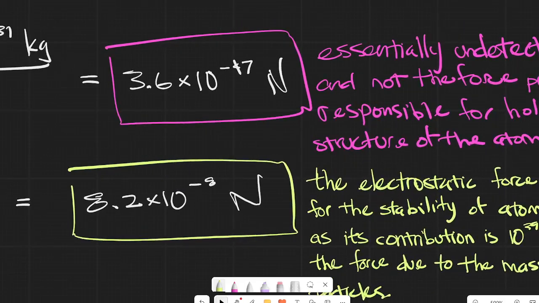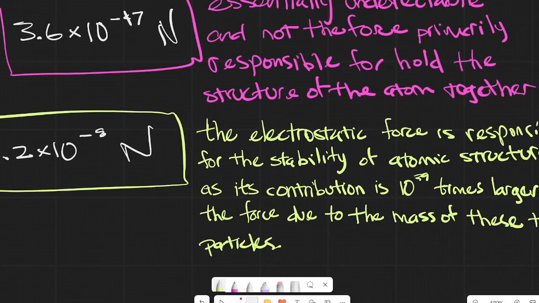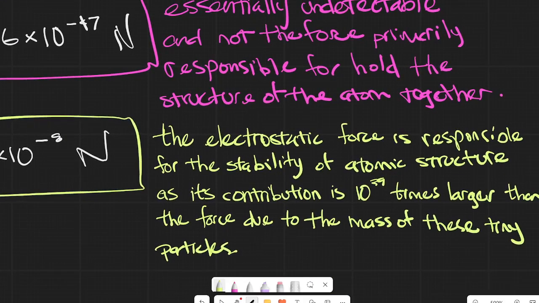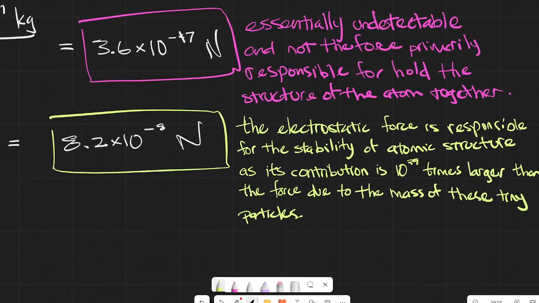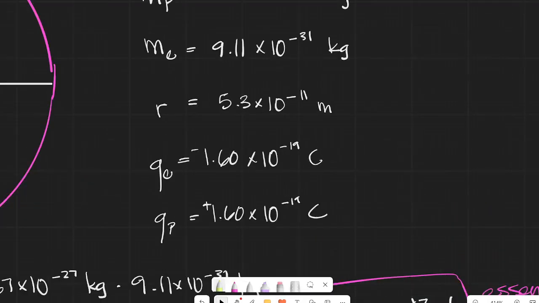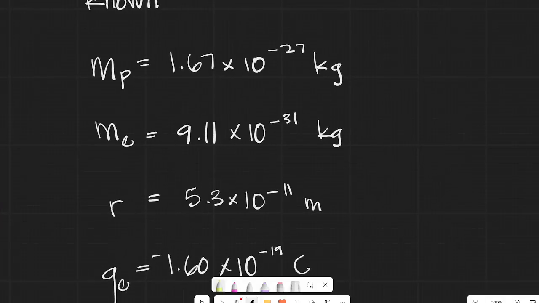So what this tells us is the electric force is the force that's responsible for the stability of the atomic structure, because its contribution is so much larger than the contribution of the force of gravity due to the mass of these tiny particles. We're talking about protons and electrons, which have these masses that I listed right here.